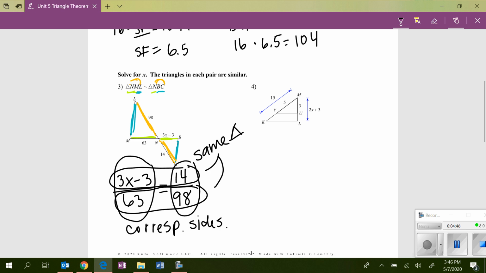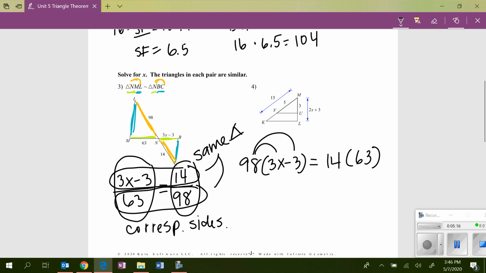From this step, we're going to do cross multiplication. So I'm going to have my 98 being multiplied by 3x minus 3, and that equals 14 times 63. Doesn't matter which order you write these numbers, I kind of just put them there and use parentheses, especially for this 3x minus 3 part, so that I remember to distribute my 98 to the entire expression.